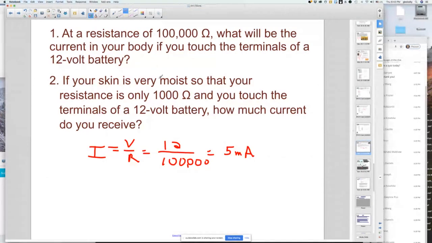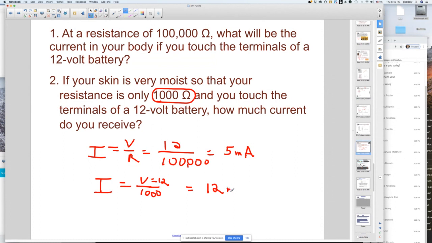But supposing you just stepped out of your shower, or maybe you're still standing in a puddle, what happens is that your resistance now becomes only 1,000 ohms. So the current now is going to be 12 divided by 1,000 ohms, which is 12 milliamps.